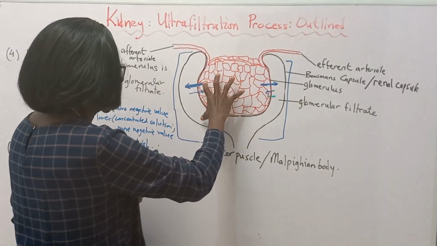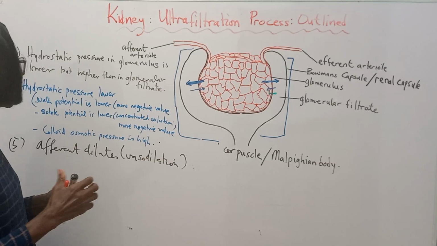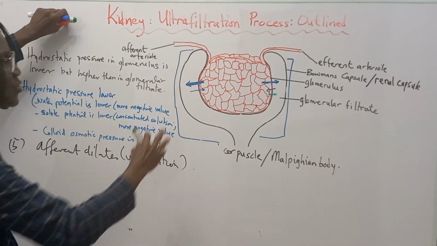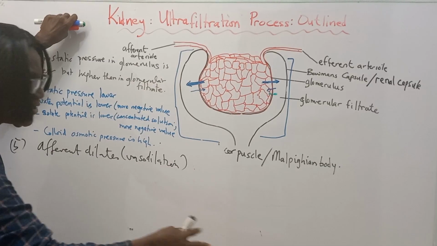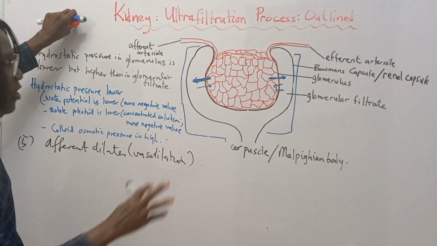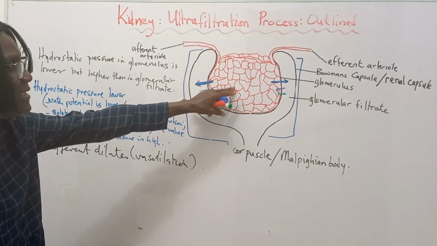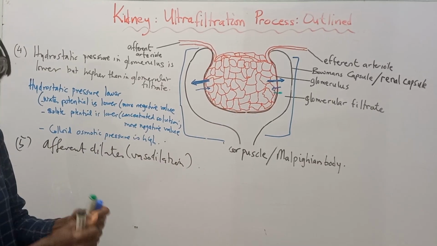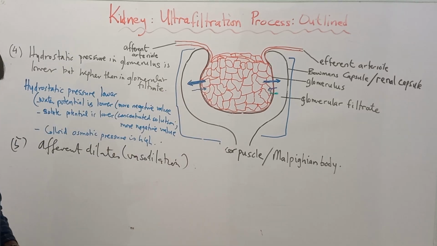And so then the pressure in the glomerulus is maintained at the level that will sustain filtration, so that filtration will go on to remove waste. And also the blood pressure will be maintained so that the blood capillaries do not collapse, and there is not too much pressure to burst the blood capillaries.